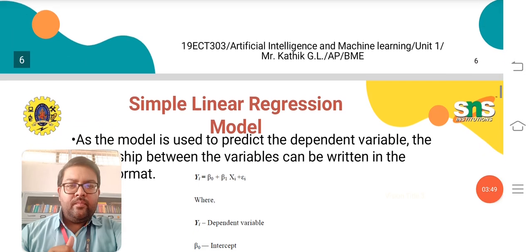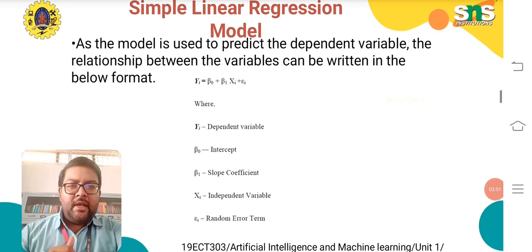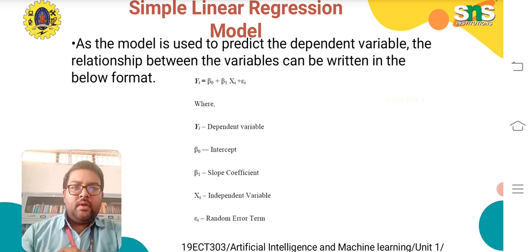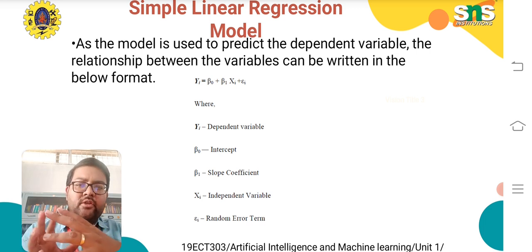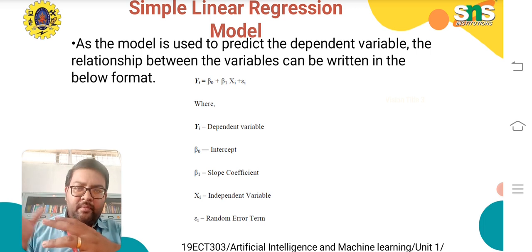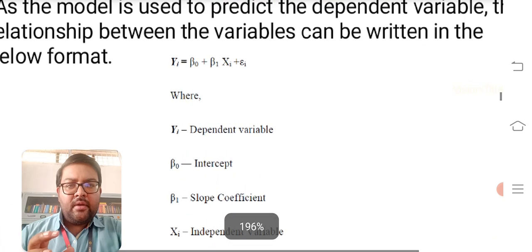Right, then what is the simple linear regression model? The model is used to predict the dependent variable y for a given x. The relationship between the variables can be written in this format.